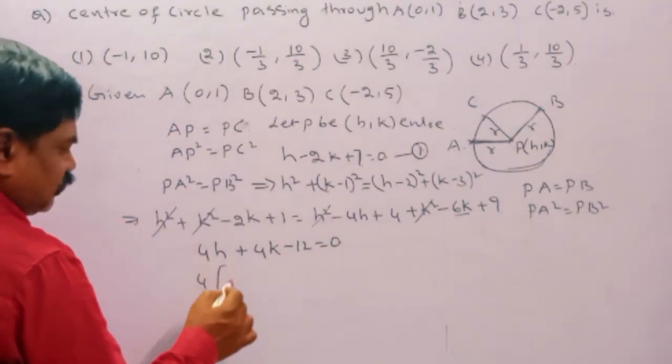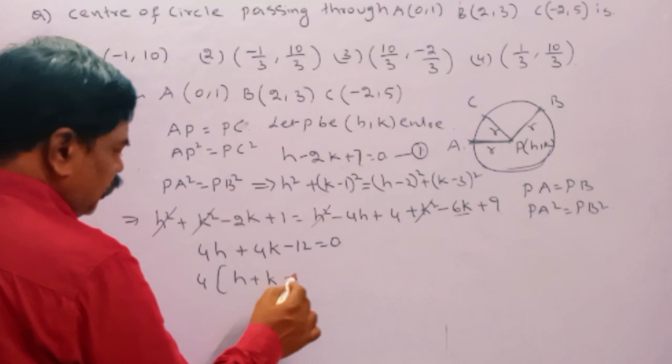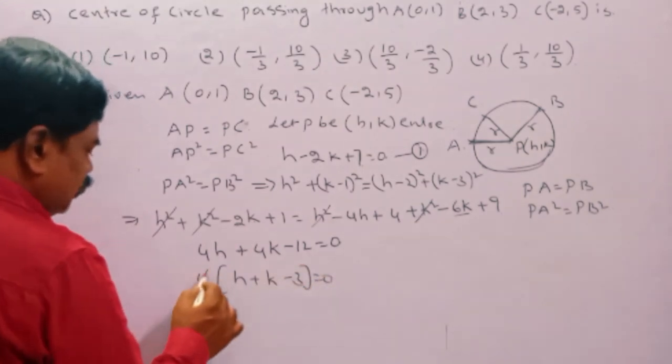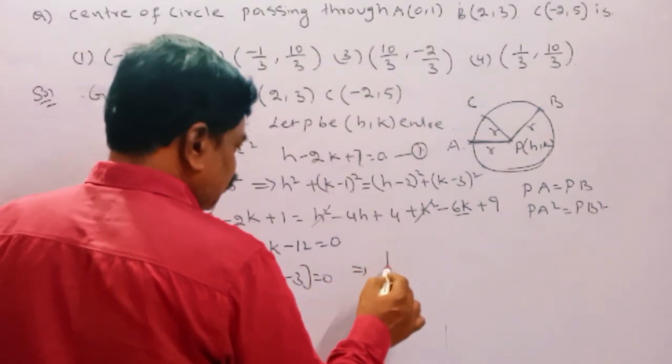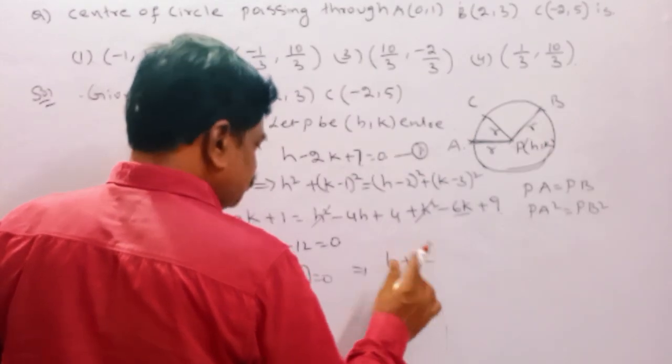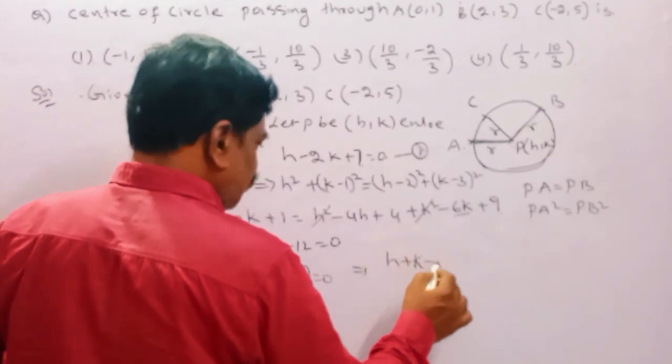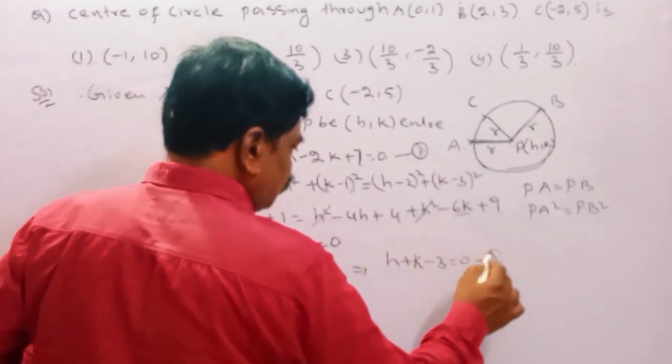Then taking 4 as common, H plus K minus 3 equal to 0. This is equation 2.